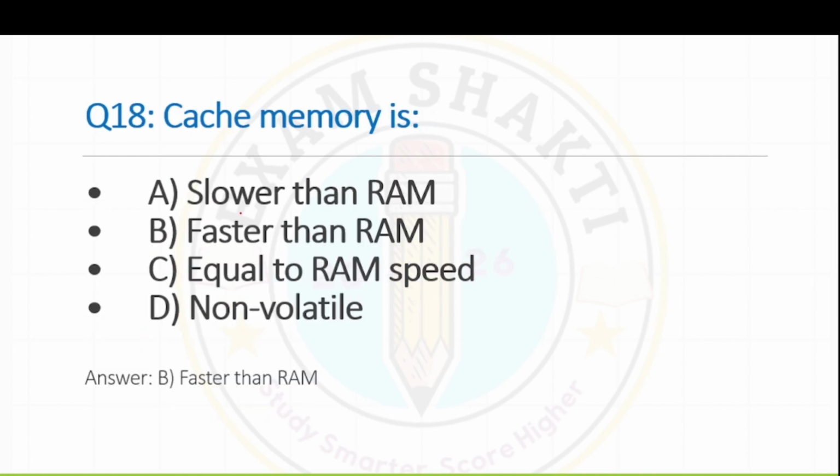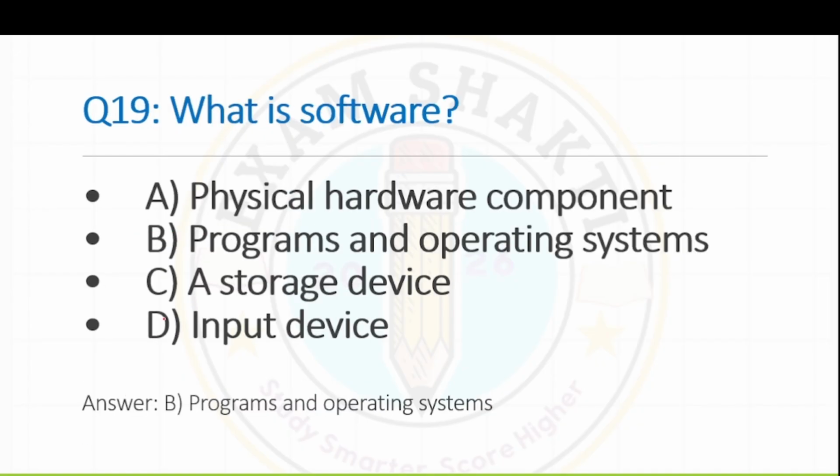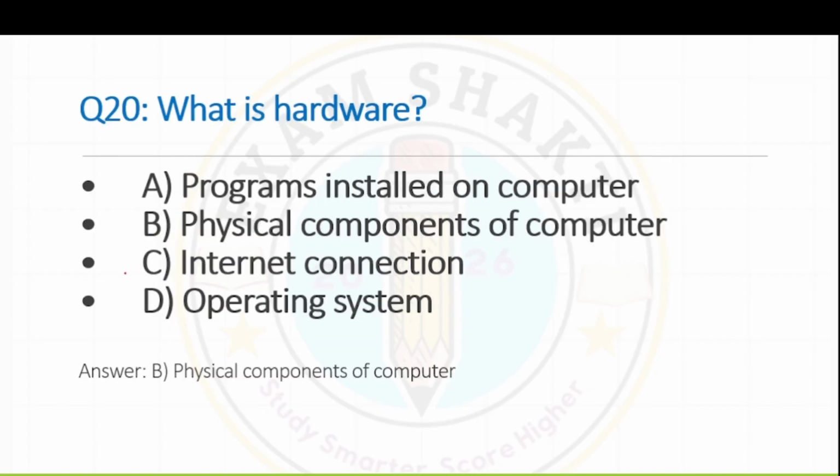Cache memory is: slower than RAM, faster than RAM, equal to RAM speed, non-volatile. B, faster than RAM. What is software? Physical hardware component, program and operating system, a storage device, input device. B, program and operating system. What is hardware?